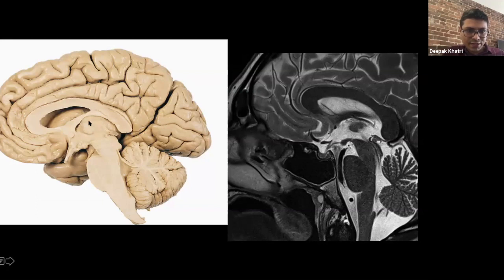This is the third ventricle here, and the third ventricle connects here. This is the brainstem, which I talked about previously. And here is the fourth ventricle, which is in connection with the cerebellum here. To correlate with that, you can see the T2-weighted MRI image on your right side.